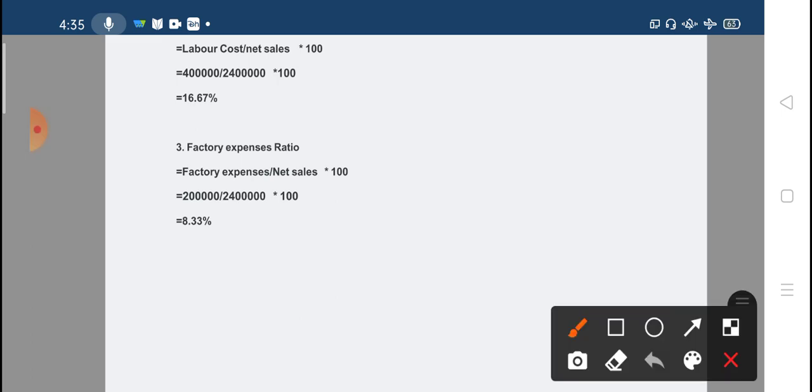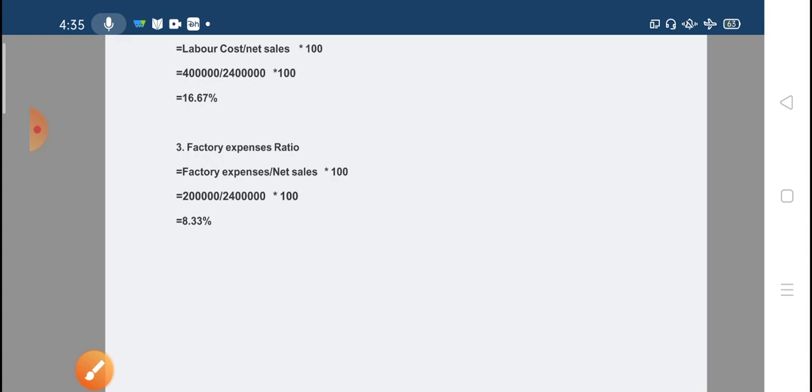Now moving to factory expenses ratio. Factory expenses is also given in the problem. Formula to calculate the factory expenses ratio is factory expenses divided by net sales into 100. So factory expenses 2 lakh, net sales 24 lakh into 100, 8.33%.